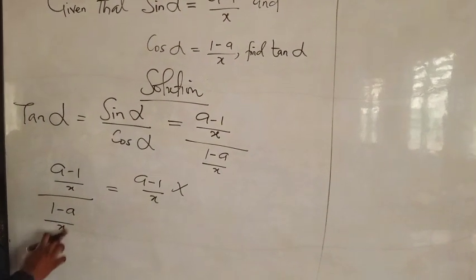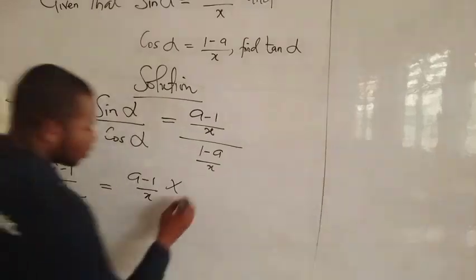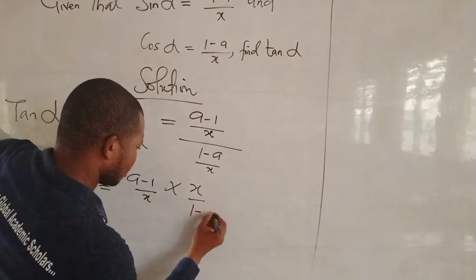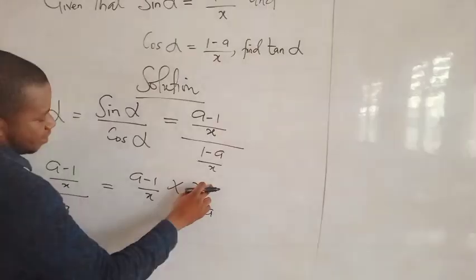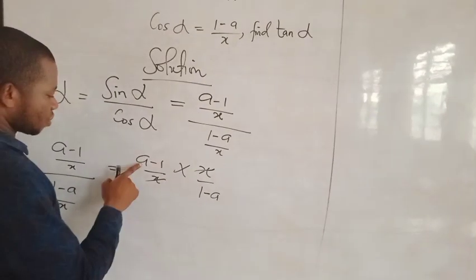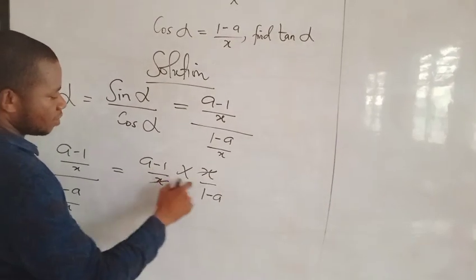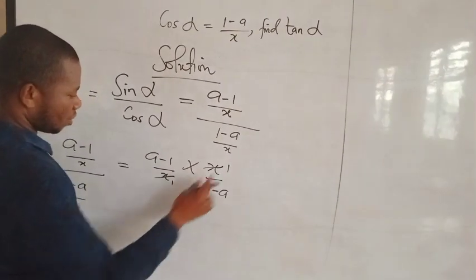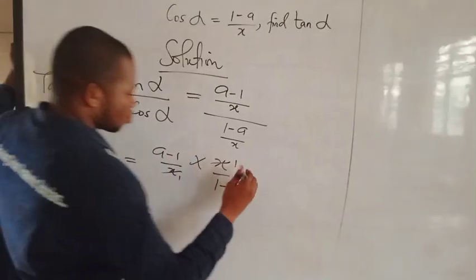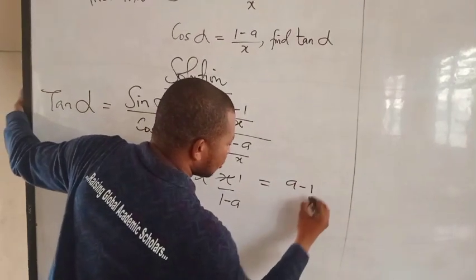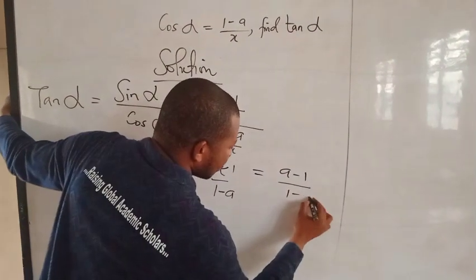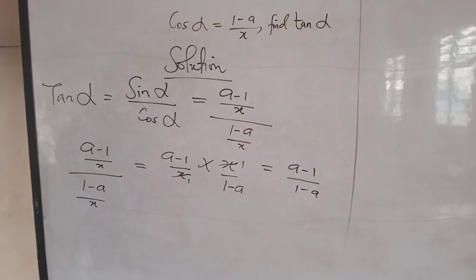That means we're going to have (a minus 1) over x times x over (1 minus a). You can see x is up here, x is down, so x cancels x. At the end of the day, we are left with (a minus 1) times 1, which gives us a minus 1, all over 1 times (1 minus a). Okay, it gives us like this.